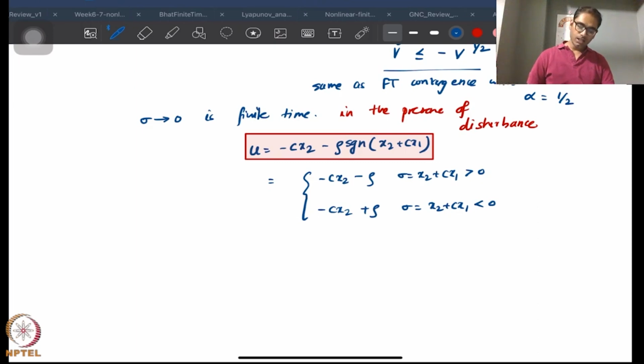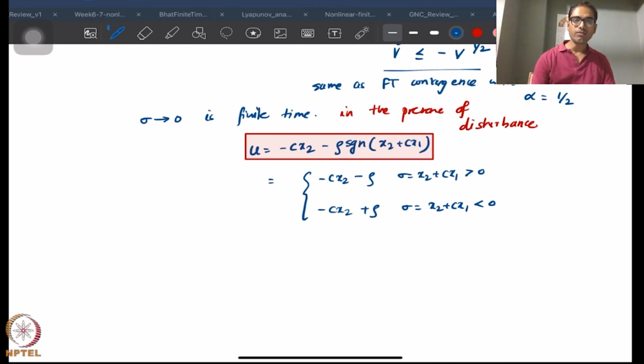So there is a switching across this sliding surface. This sigma equal to x2 plus cx1 equal to 0 is the sliding surface.